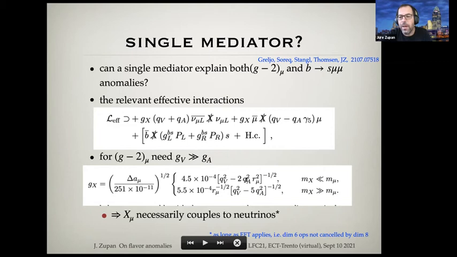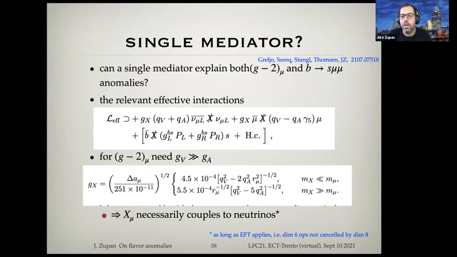Now, that has a very important consequence, which is that X mu necessarily couples to neutrinos. The fact that I cannot have a pure V plus A current, I necessarily have a V minus A component, means that I need couplings to neutrinos. So a solution to G minus 2 implies that this vector couples to the neutrinos.